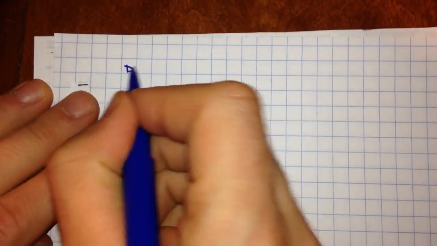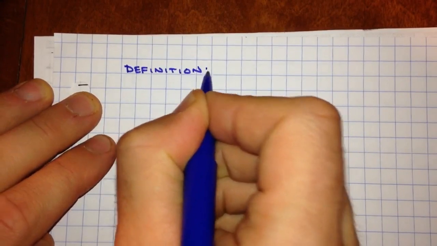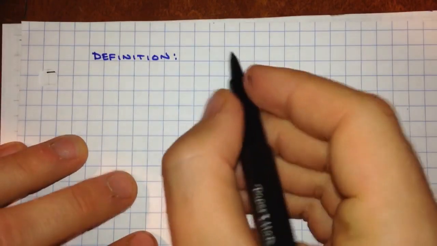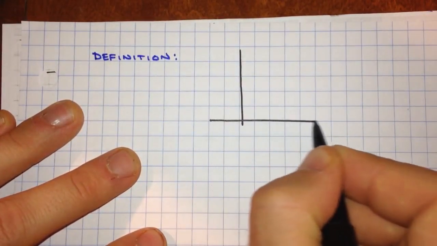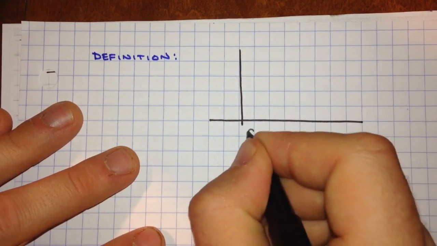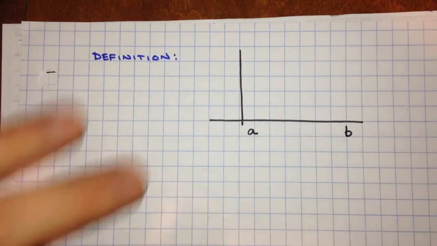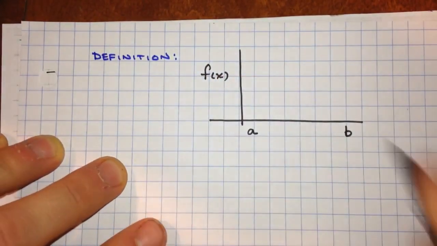I want to give you a definition for something called the definite integral. And it would be helpful if first we were to look at a picture. So imagine that you've got a starting time, let's call that starting time A, and an ending time, let's call that ending time B. And then you've got this function, and this function is not sitting still.